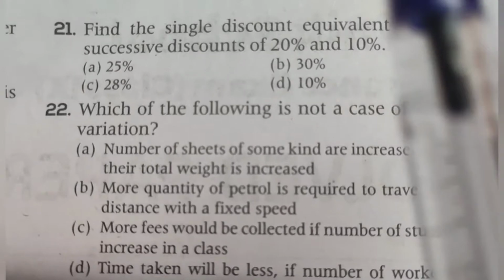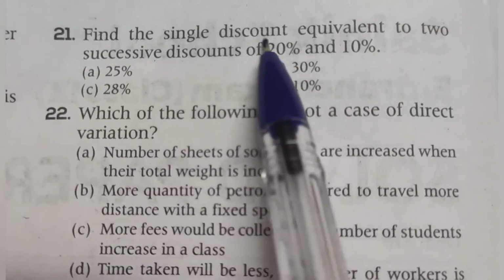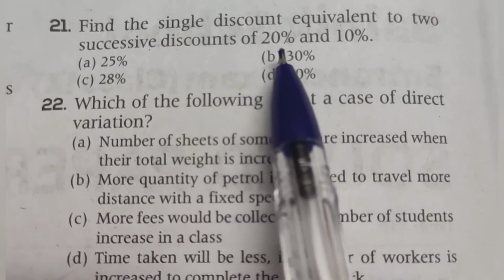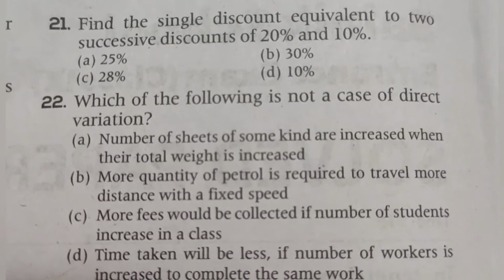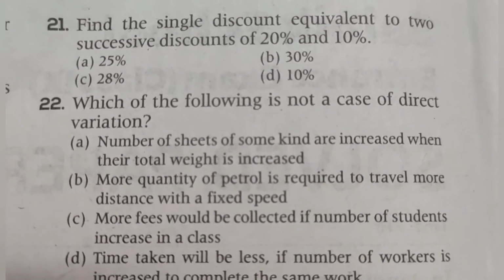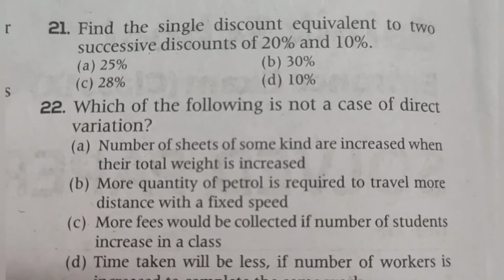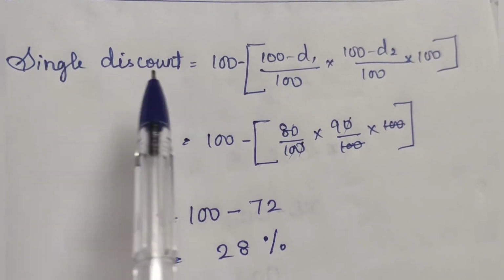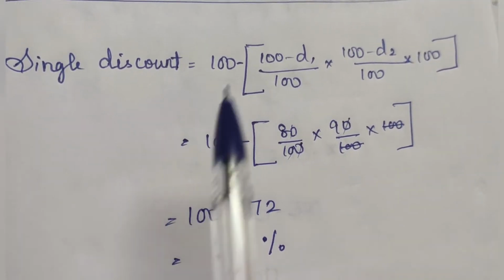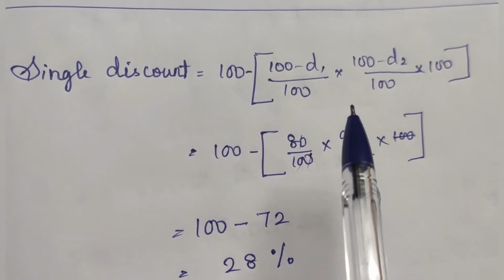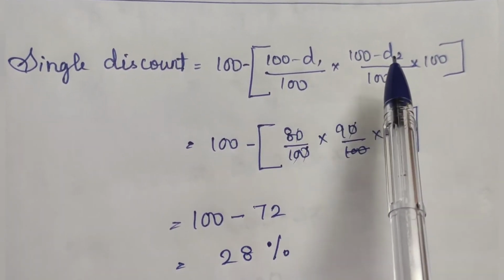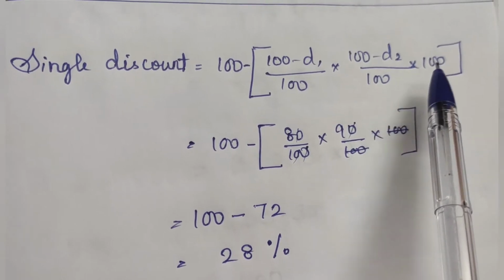Question number 21. Find the single discount equivalent to 2 successive discounts of 20% and 10%. 2 successive discounts are given and we need to find out the single discount. There is a formula. Single discount equals 100 minus, inside the bracket, the product of 100 minus discount 1 by 100 into 100 minus discount 2 by 100 into 100.